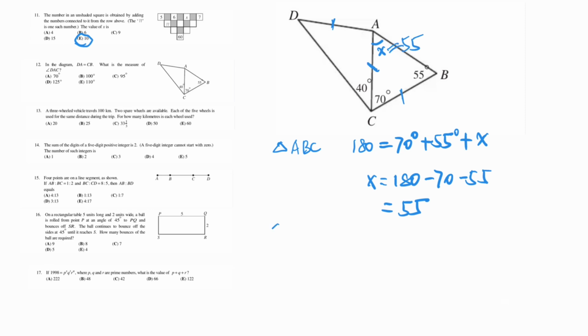That means triangle ACD is also an isosceles triangle. Angle D is also 40 degrees. So the sum of the triangle is 180. So in triangle ADC, angle DAC equals 180 minus 40 times 2. That's 100. So the answer is B.